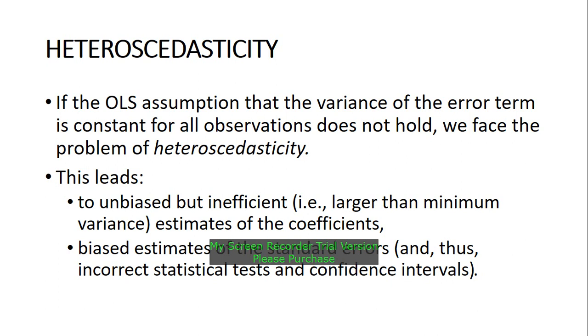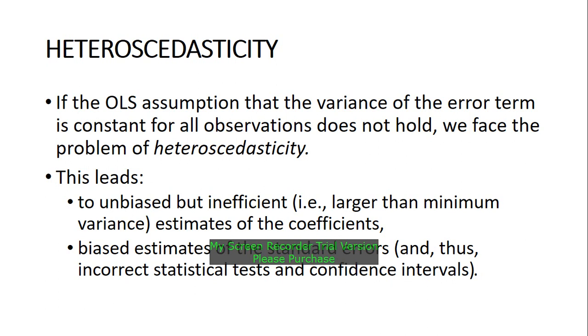And the variance of the error term is supposed to be constant. So when the variance of the error term varies, then it means that heteroscedasticity exists. So now, let's look at some of the effects of heteroscedasticity here.